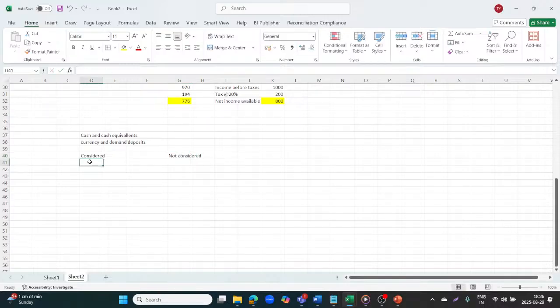If it is considered cash and cash equivalents, you can say coins, currency on hand, savings account, check, money market, negotiable paper, then certificate of deposit.